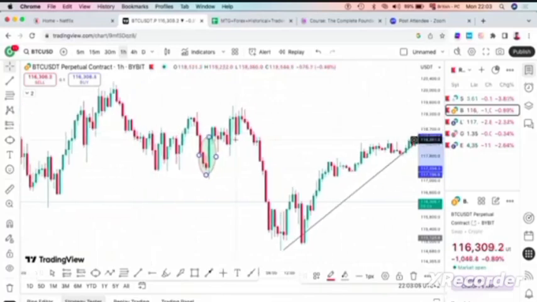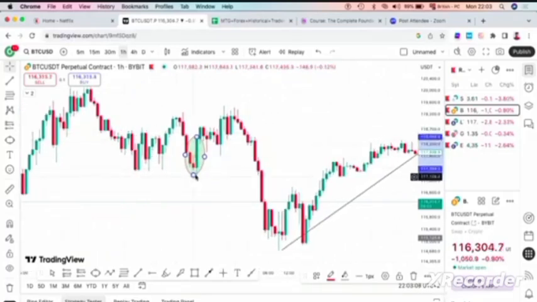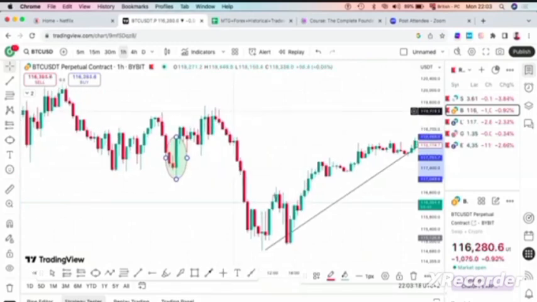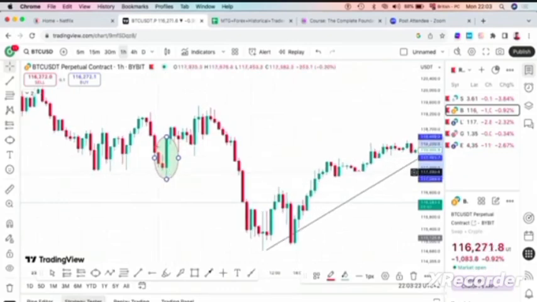Buyers were very aggressive in this area, but the sellers later took out the buyers in the market. The market eventually went down, but this is a bullish engulfing.